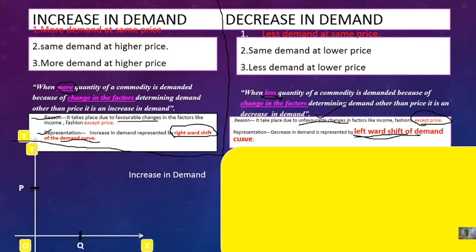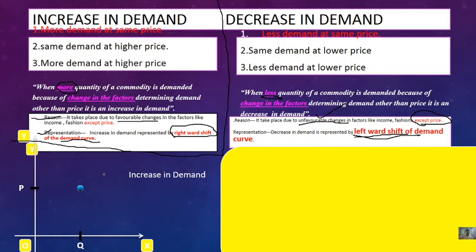So graphically, increase in demand. On the y-axis we show the price of the commodity, and on the x-axis we show the quantity demanded.